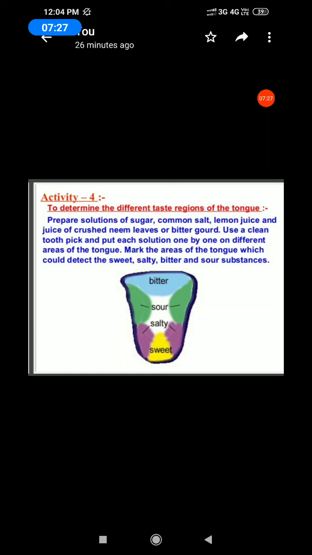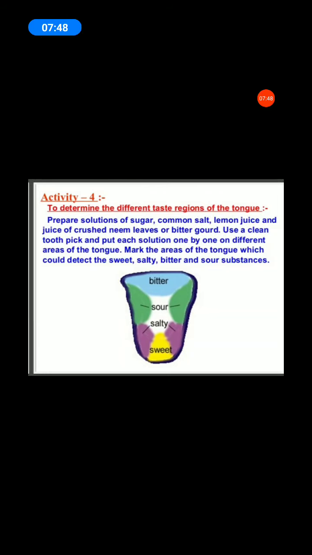It has taste buds that detect the different taste of food. Taste buds. Listen. Underline the word in your book, page number 14. We can find out the position of taste buds.